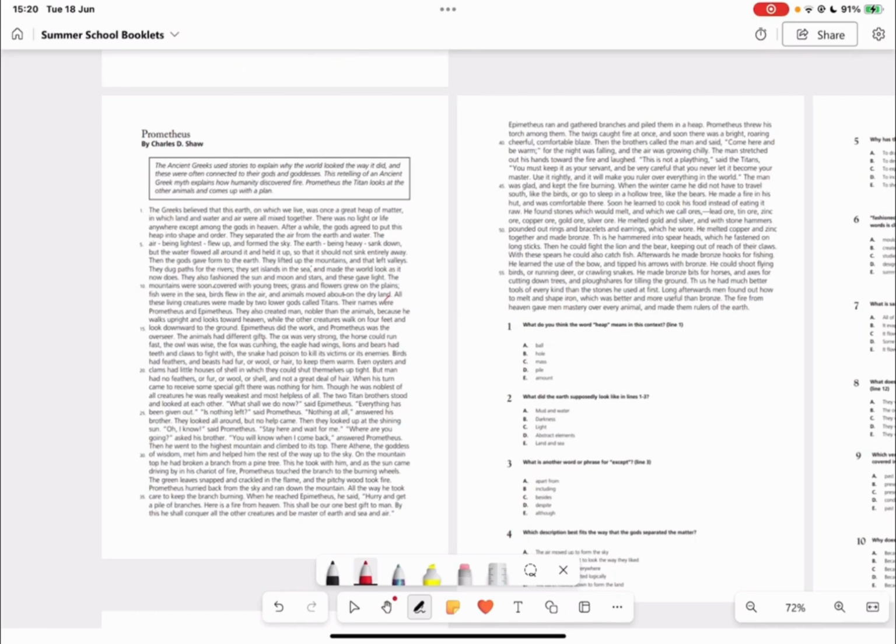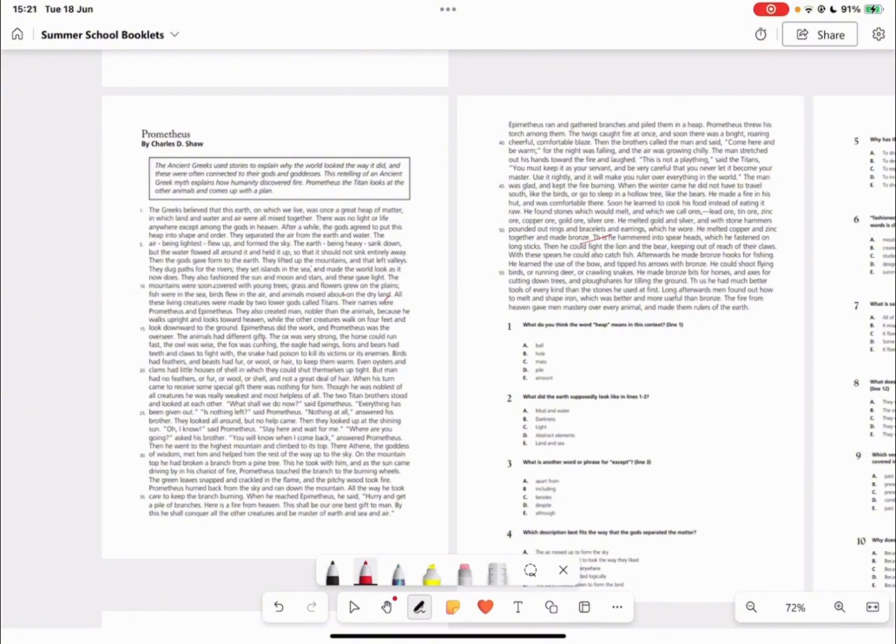With these spears, he could also catch fish. Afterwards, he made bronze hooks for fishing. He learned the use of the bow, and tipped his arrows with bronze. He could shoot flying birds, or running deer, and crawling snakes. He made bronze bits for horses and axes for cutting down trees and plowshares for tilling the ground.